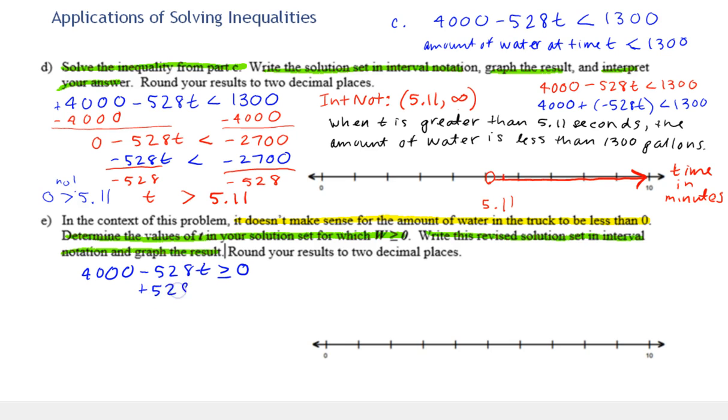I'm going to add 528t to both sides. We usually don't do that, but there's no reason we can't. And the reason I want to is the right-hand side is 0, and also just to show you something new. So now we have 4,000 is greater than or equal to 528t. And now we can divide by 528.